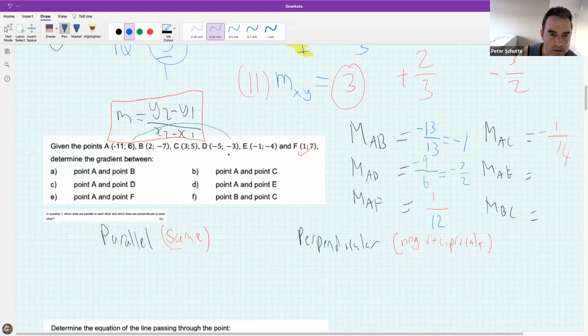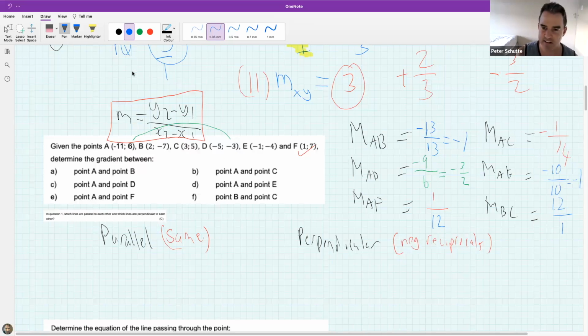That's AE. I agree with you with AE, and then let's just get BC. 5 minus 7, so that's 5, that's 12. And then 3 minus 2 is 1.